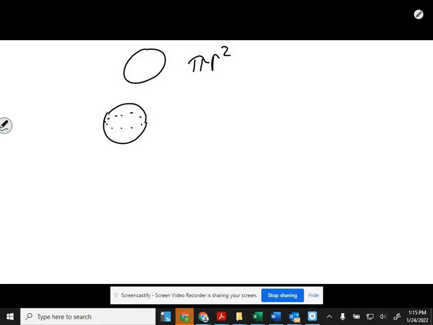So our sphere, we've got our pi and we've got the r, but because we're doing volume, instead of squaring it, we're going to cube it because it's volume, it's rounded, and then times it by 4/3.